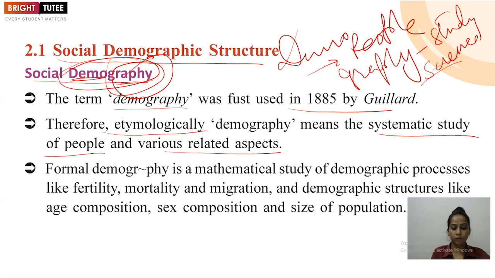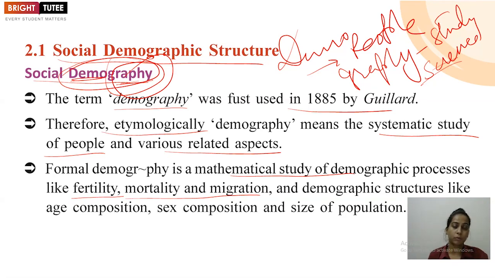So in social demography, we are going to do the systematic study of the people who are living in a particular society. Formal demography is the mathematical study of demographic processes, where we take the factors fertility, mortality, migration, and demographic structure.